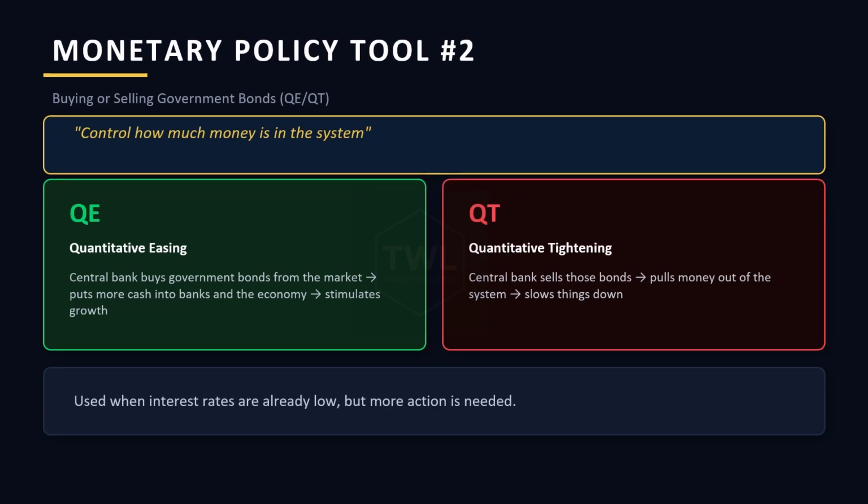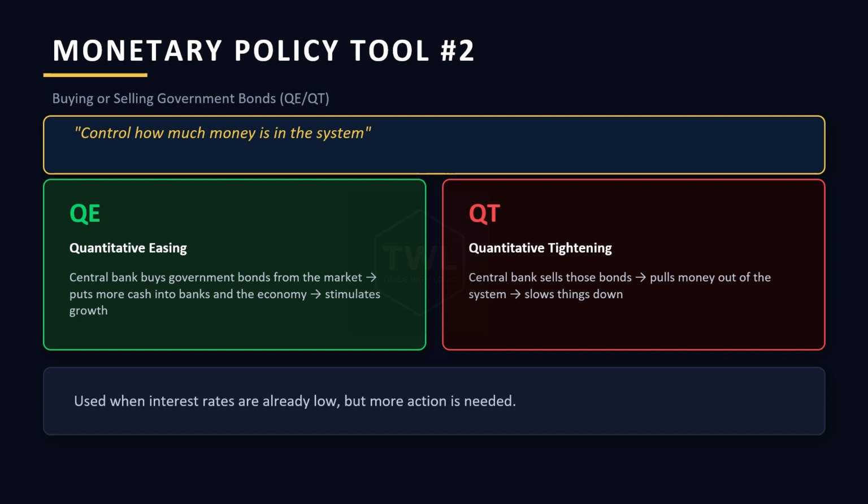The second tool sounds complicated, but really isn't. It's called quantitative easing, or QE, and its opposite, quantitative tightening, or QT. Think of it like this. QE is when the central bank basically injects more money into the economy by buying up government bonds. Imagine the economy is a balloon that's losing air.